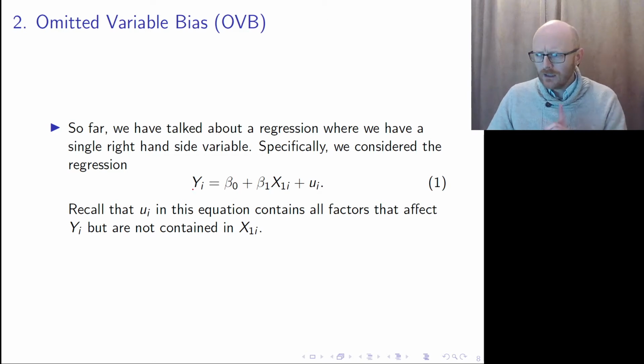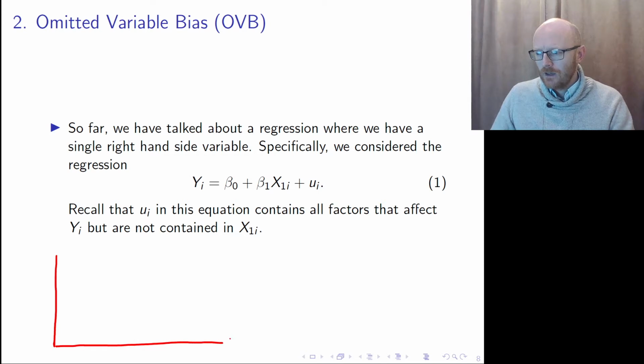Okay, and I was looking in the book, and I think we need to explain this in a bit different way. If you look at the population regression, for example, you have the y here, and you have the x1 here, and you have the x2 here. Okay, bear with me.